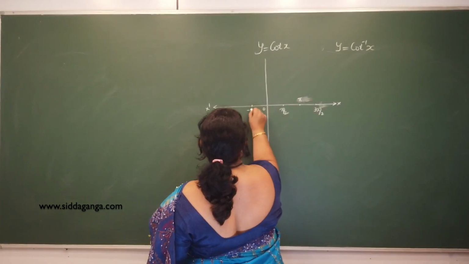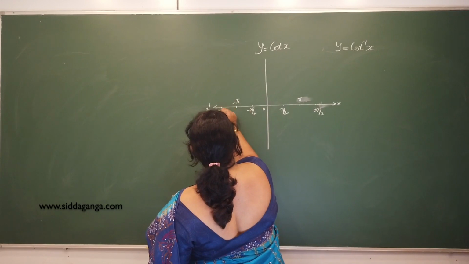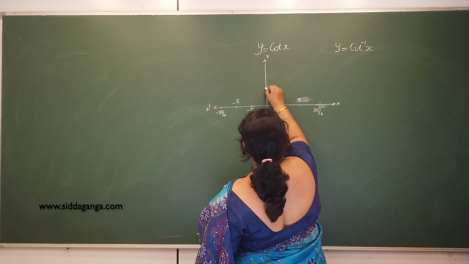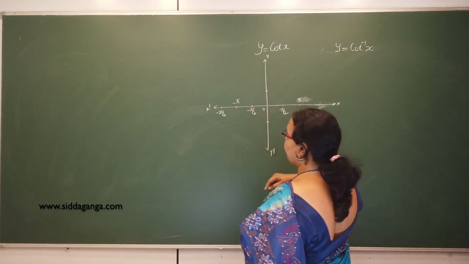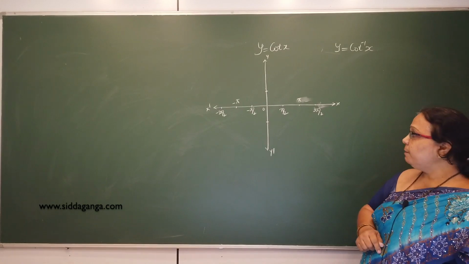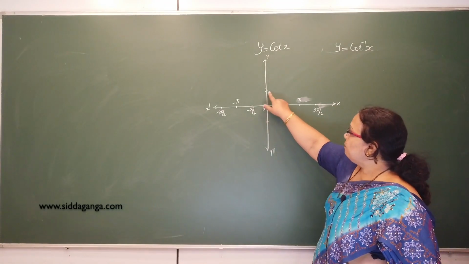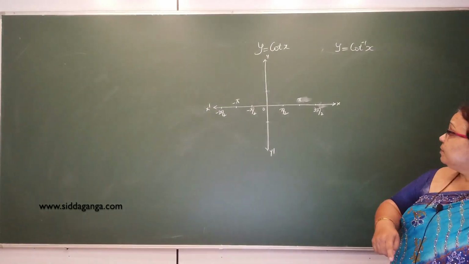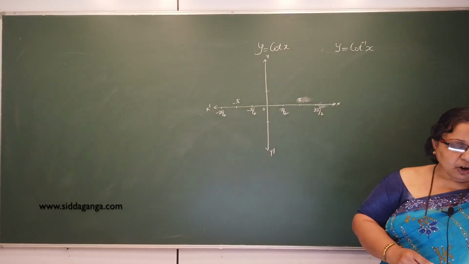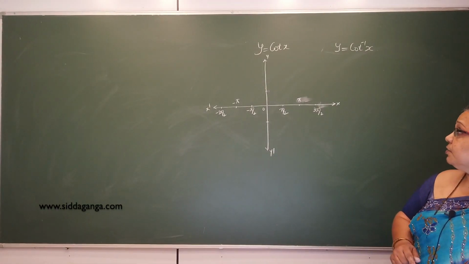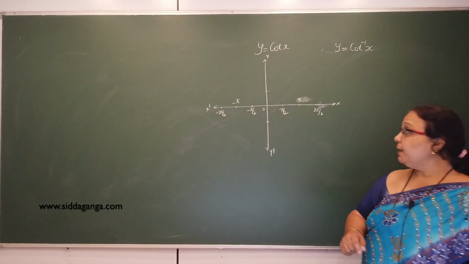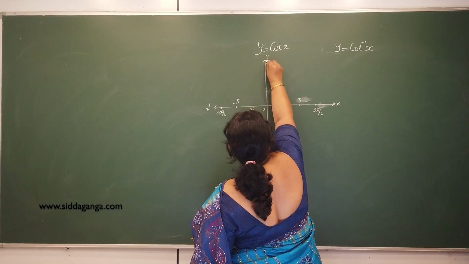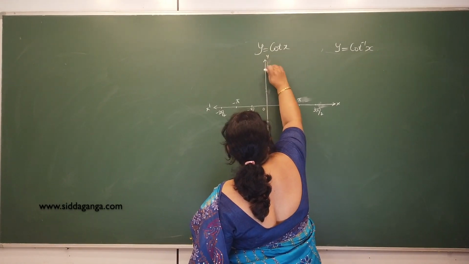Now on this side, the negative angles: minus pi, minus 3 pi by 2. Minus 1, it is an open interval, minus 1 to plus 1, so this point is not considered here. So here y equal to cot x. We know cot inverse of cot x. So cot x is not defined at the multiples of pi.